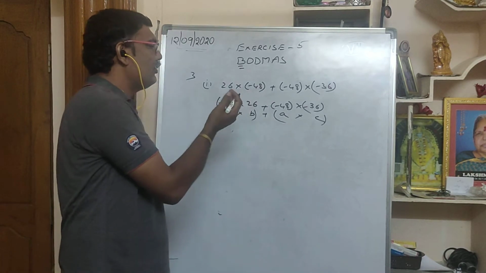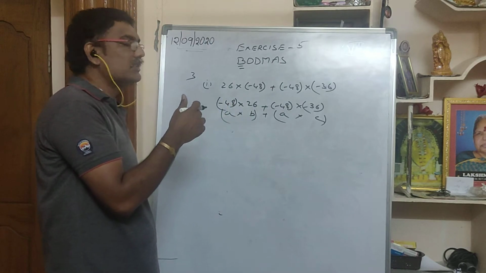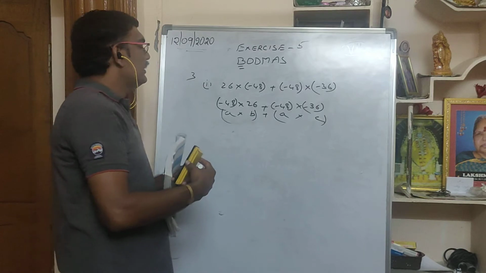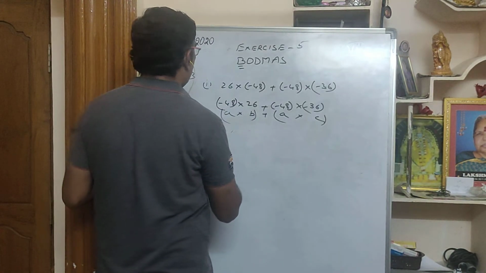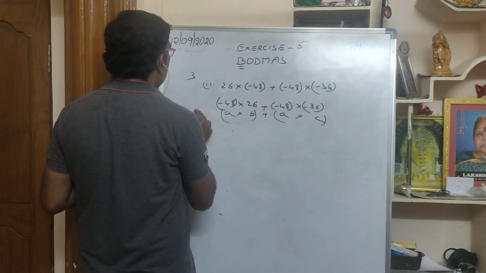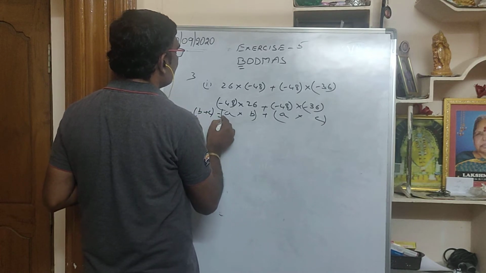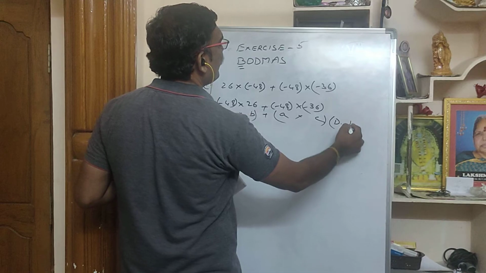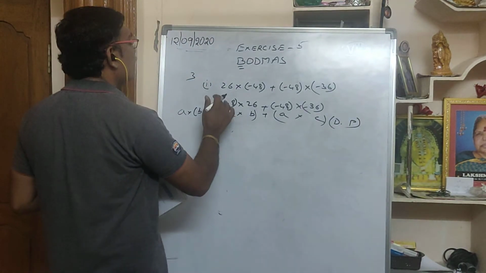One side is A into B plus A into C, the other side is A into, within brackets, B plus C. So A into B plus C equals A into B plus A into C. This is called the distributive property, and we are using it here.